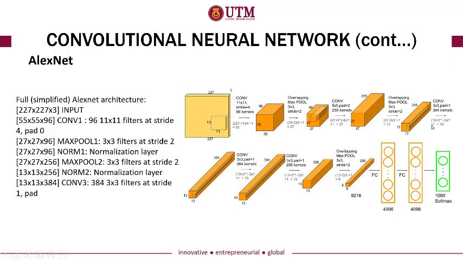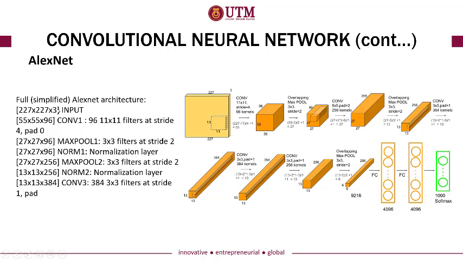Sometimes people do not use this representation; they use this description in order to represent the architecture of your CNN. This is how you write the architecture in text to represent the architecture of AlexNet.